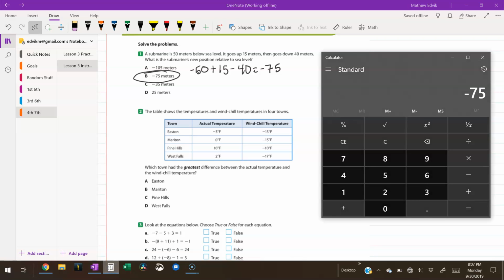Number 2, the table shows the temperatures and wind chill temperatures in 4 towns. Which town had the greatest difference between the actual temperature and the wind chill temperature?